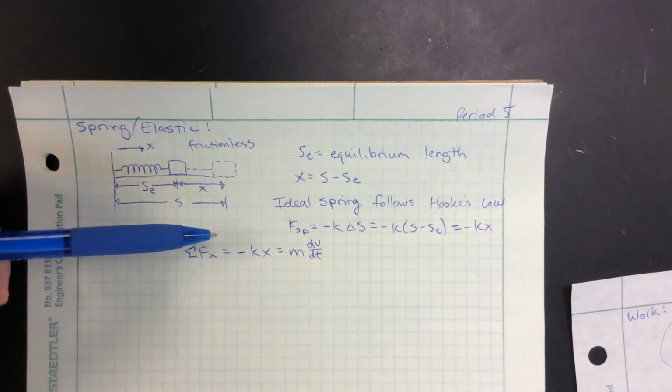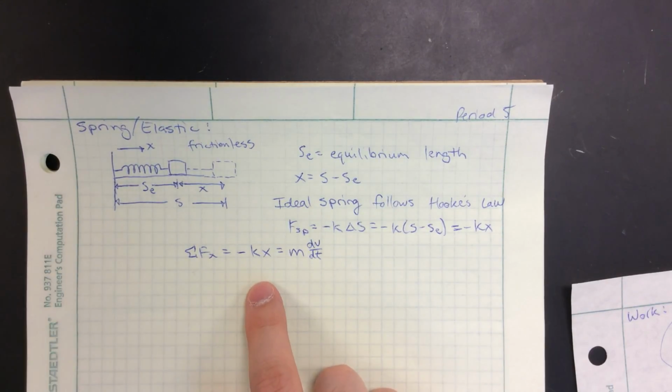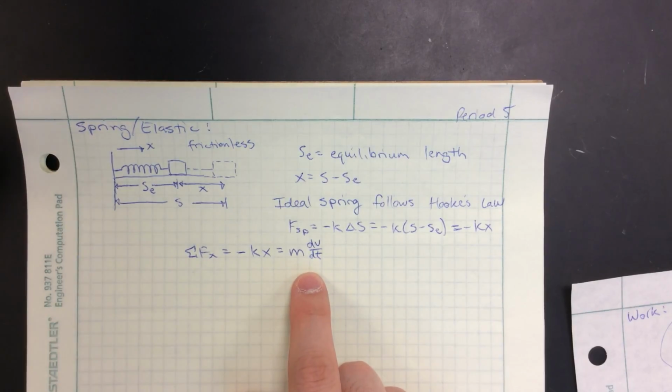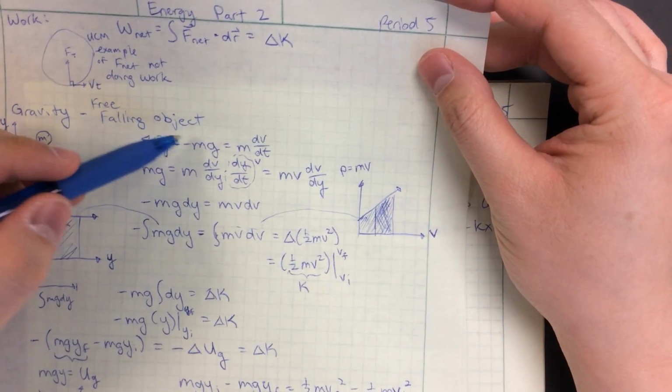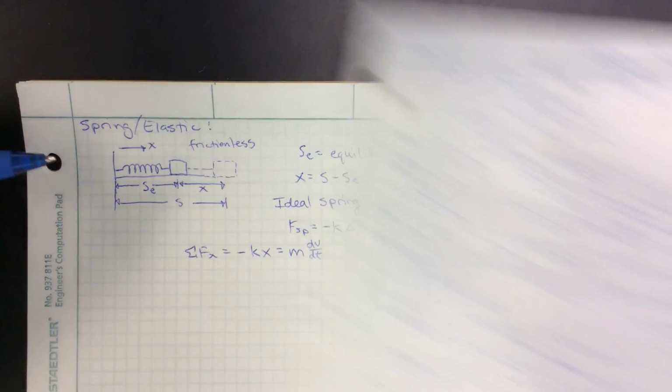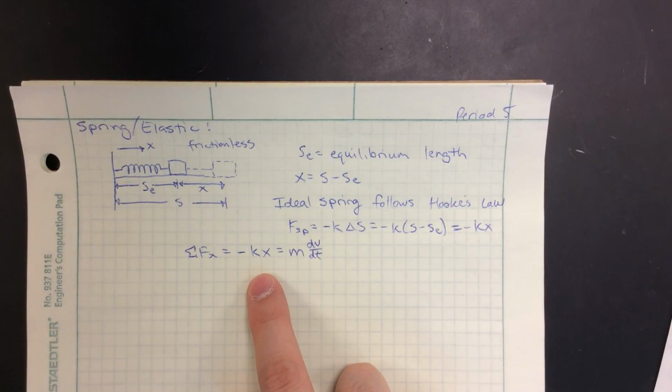I noticed that just like with gravity, the force is not a function of time. This force is a function of position, and my work done and my energy tend to be a function of position. I want to see if you guys can use the same evaluation method to determine what the potential energy in a spring is.